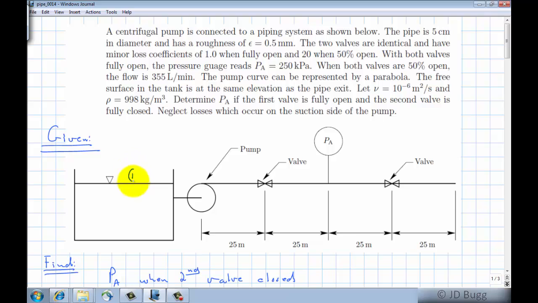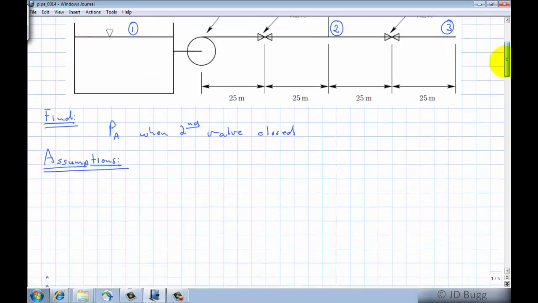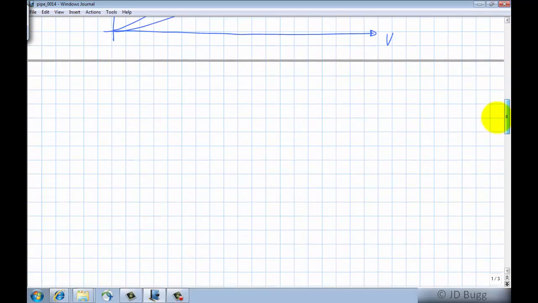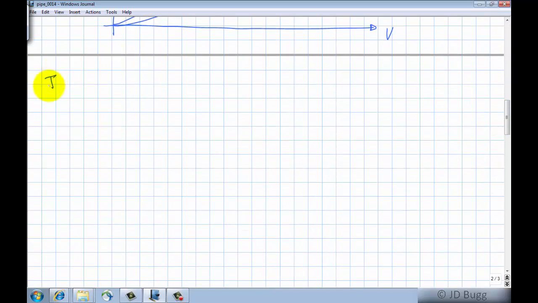So I want to do some labeling on this diagram. I'm going to call the surface of the reservoir point 1, position of this pressure gauge point 2, and the exit point 3. But to begin, we're going to write Bernoulli's just from 2 to 3 to figure out the flow rate. So we're talking about operating point 1 here, and we're writing Bernoulli's equation from point 2 to point 3.